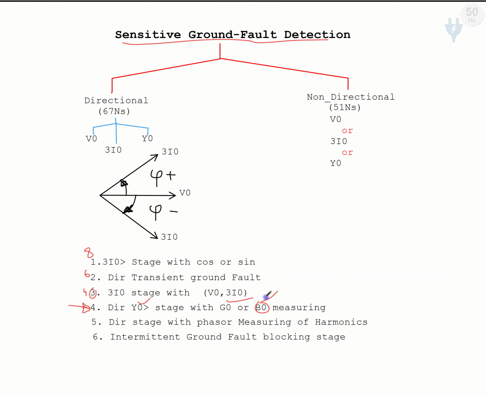Y0, G0, and B0. From the basics, we know that if we have the impedance of the system, Z is equal to R plus jX, where R is the resistance part and X is the reactance part, and Z is the impedance.